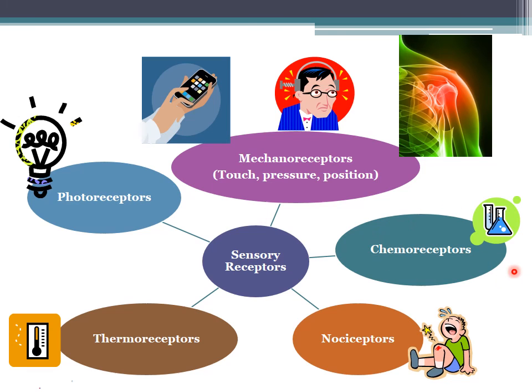Next are the chemoreceptors. Chemoreceptors are going to be the receptors that respond to molecules. There are external chemoreceptors and internal chemoreceptors. The external chemoreceptors are your receptors for taste and your receptors for smell. So the taste receptors and the olfactory receptors, which are smell receptors. Taste receptors are going to detect molecules dissolved in saliva.